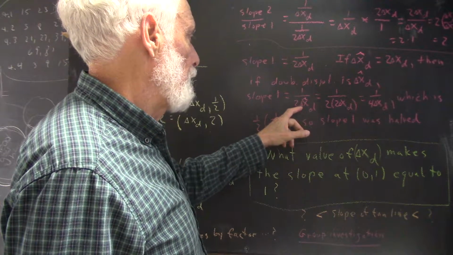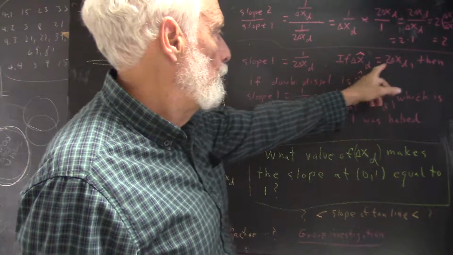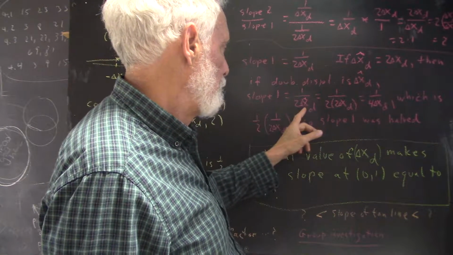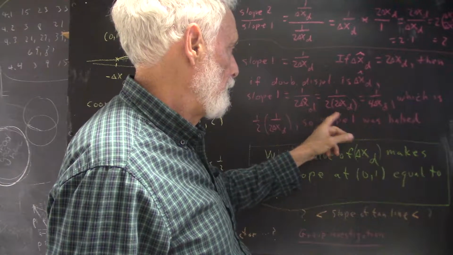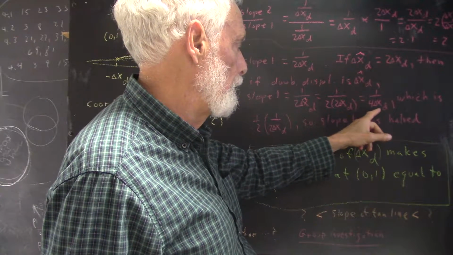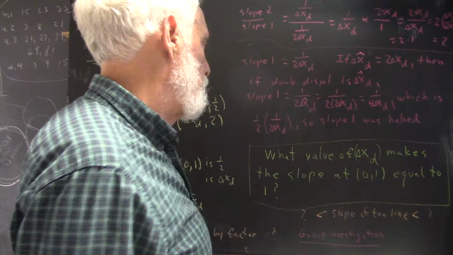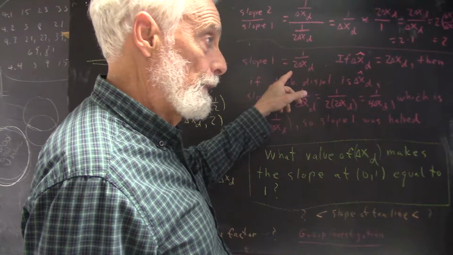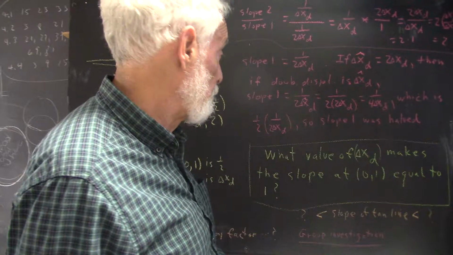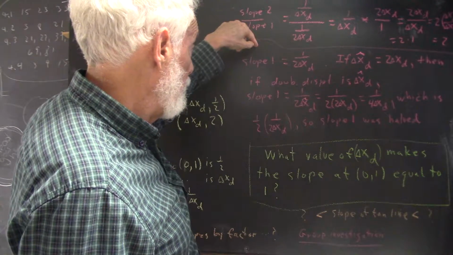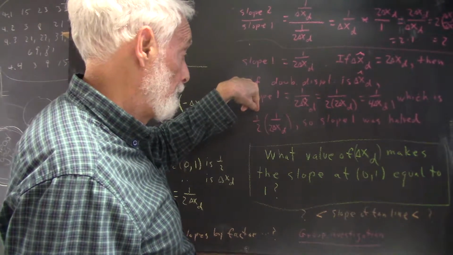And delta x hat sub d is 2 delta x sub d. So we replace this by 2 delta x sub d. And simplify this, and we find that it's 1 over 4 delta x sub d. And how does that compare with this? Well, it's exactly 1/2. 1/2 of this gives you this. So that is 1/2 of the original slope 1.